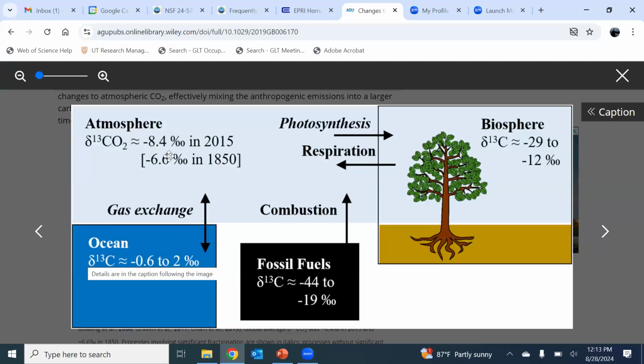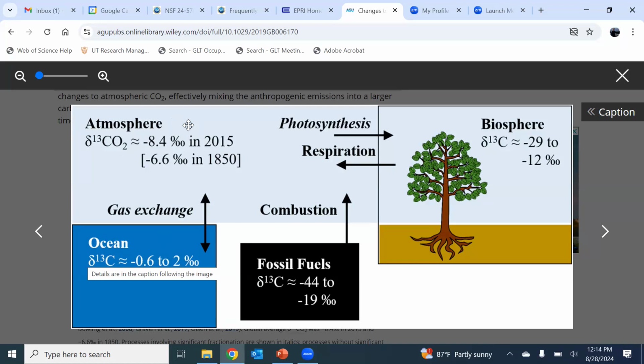The atmosphere, in 2015, averaged -8.4 per mil. So slightly depleted, not nearly as depleted as fossil fuels. But the atmospheric CO2 is a mixture of combustion products, but also CO2 from other sources, including volcanoes. And volcanoes actually tend to have an enriched delta carbon-13, so it's positive.